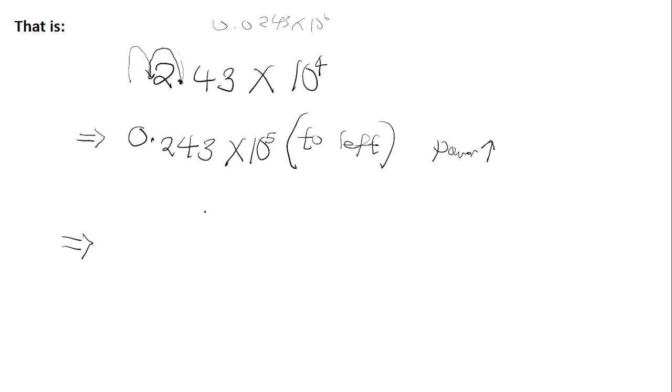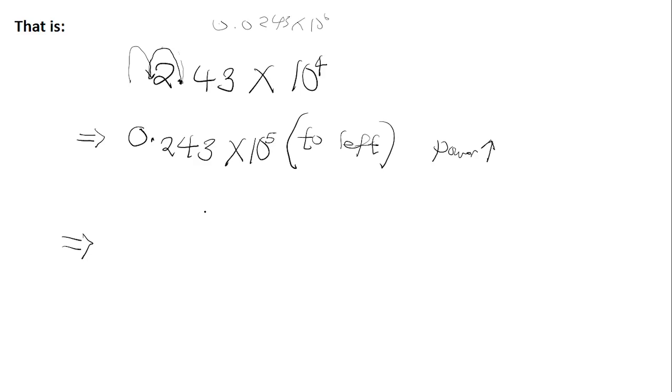So the number is 2.43 times 10 to the power 4. Let's say this moves to the right, which is going to be 24. Yes, we have broken the rule, but we just want to add 0.3 times 10 to the power 3.